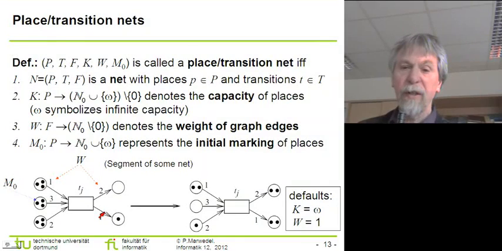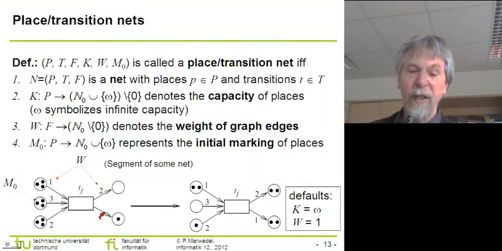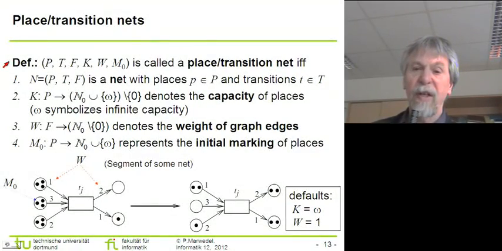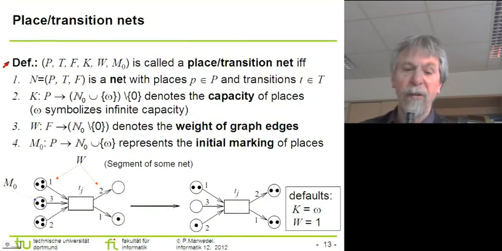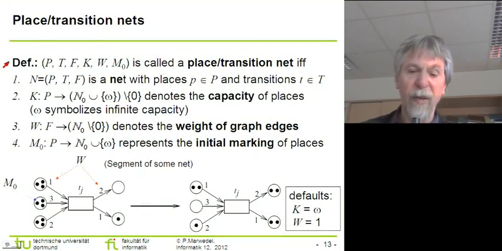Now next I'd like to generalize the nets that I've considered so far, and the way that I'm going to extend the definition from the previous slide reflects an observation that might already have been made for our examples.